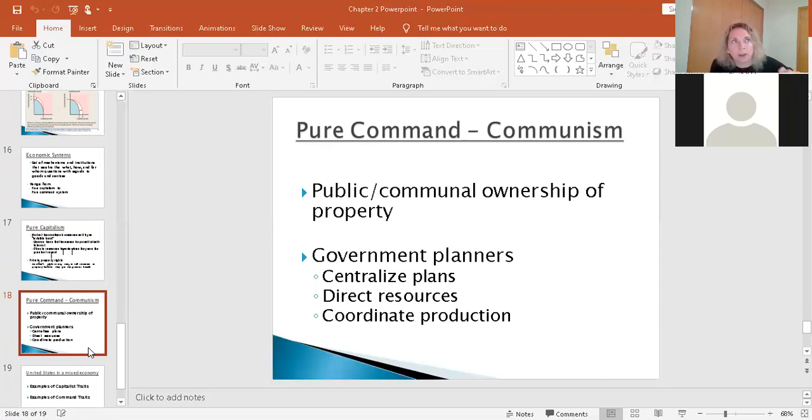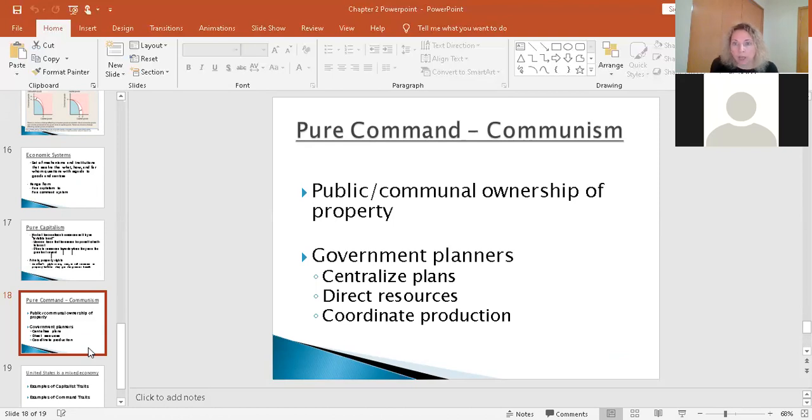Pure command, or communism. We have to be careful when we talk about communism in an economics class that we are really clear that we are not talking about the atrocities that communism has allowed to happen in history or really in current day.